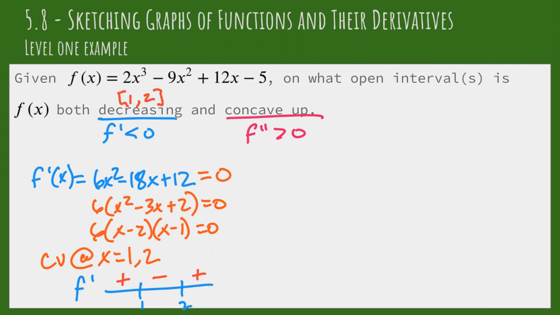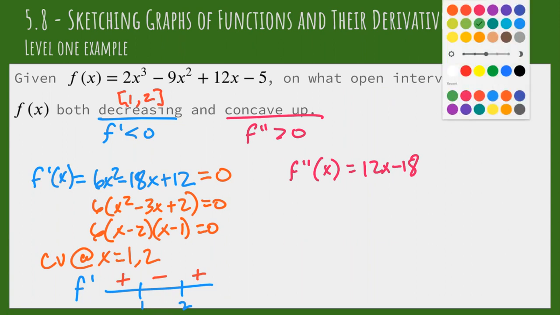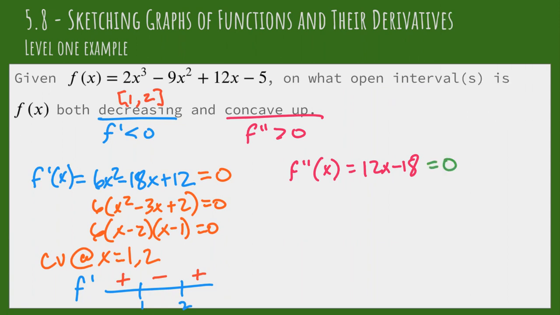Now for the concavity, we're going to take the second derivative. That's going to be 12x minus 18. We want to figure out where that could change signs. We're going to call those points, instead of critical values, potential inflection points. So we set that equal to 0, get 12x equals 18, and x equals 3 halves.